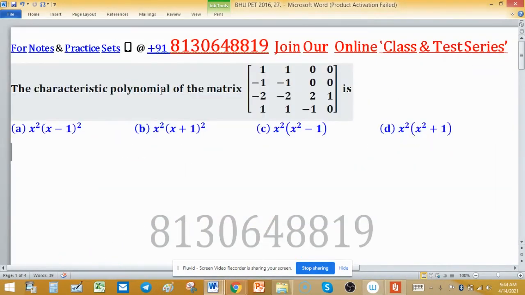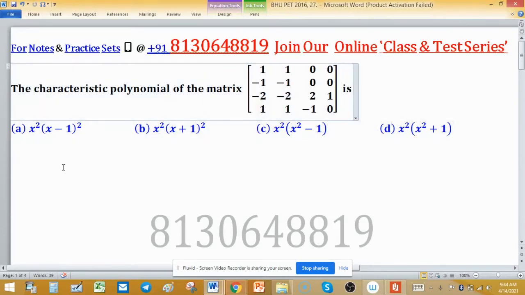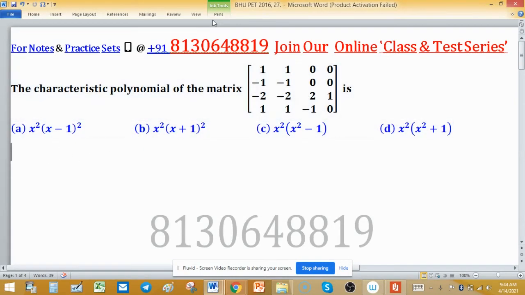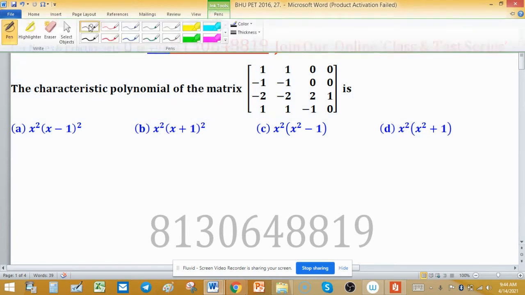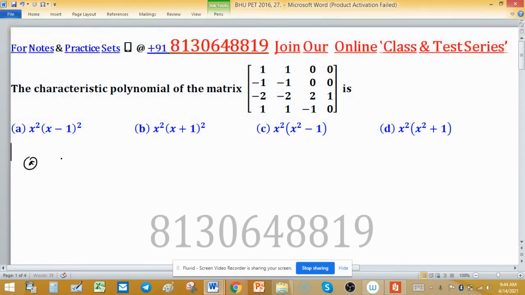The characteristic polynomial of this matrix is. Here are the possibilities of the given characteristic values. In option A, first check the trace of this matrix: 1 minus 1 plus 2 plus 0. So the trace is 2. The characteristic polynomial gives the idea of the trace, so find which characteristic polynomial gives the exact trace.